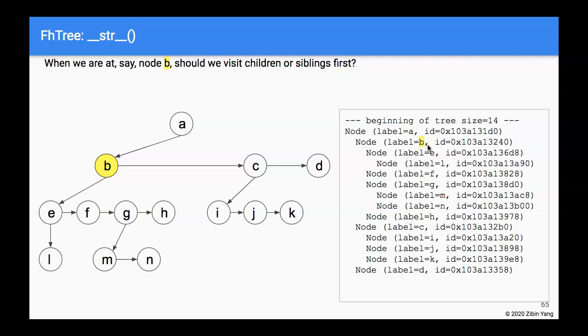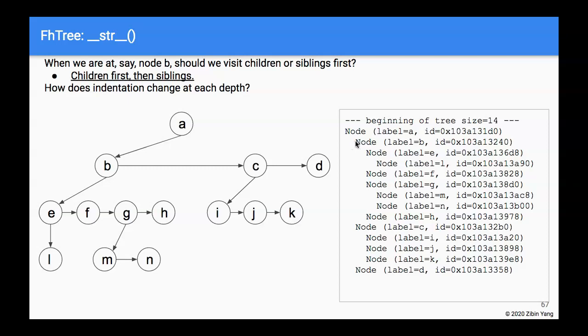Well, if you look at what's printed immediately below B, that would be node E. So that's the children first, right? And then if you look at E, immediately below E, we printed out L. So we always go to the children first before we visit the sibling, right? And you can try the rest of the nodes and see if the same rule applies. It should.